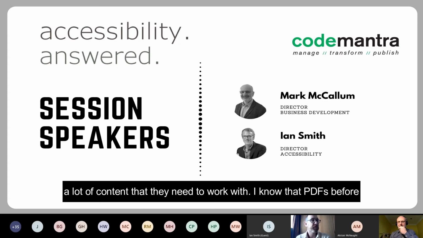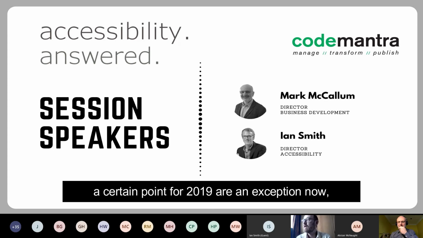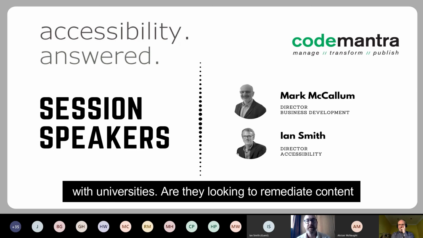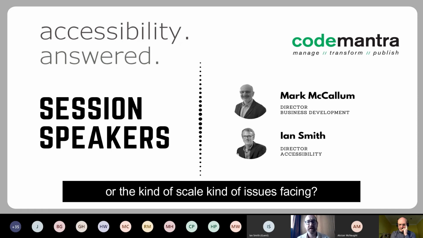I know PDFs before 2018 are an exception now, but there is a lot of content out there. From your conversations with universities, are they looking to remediate content at scale? What kind of issues are they facing?